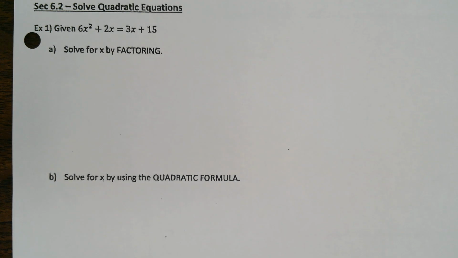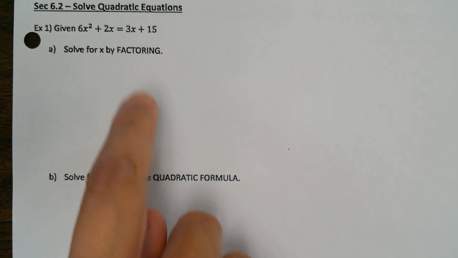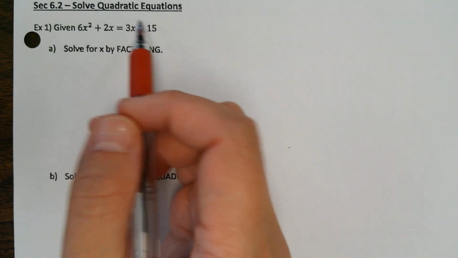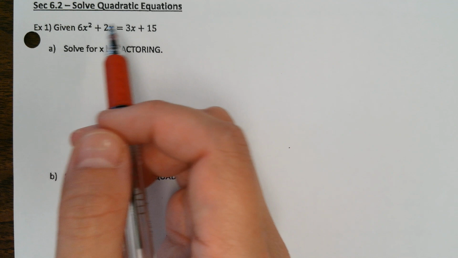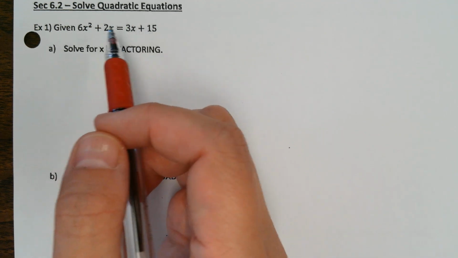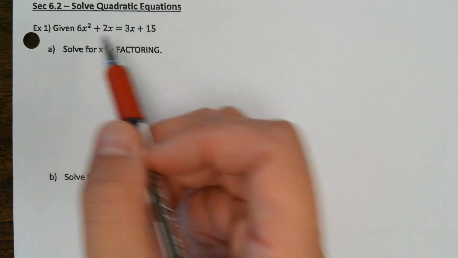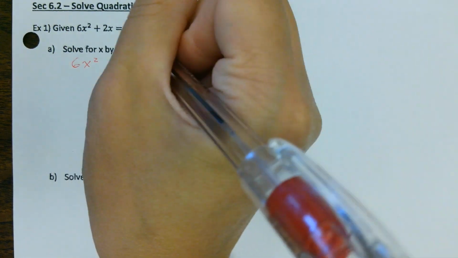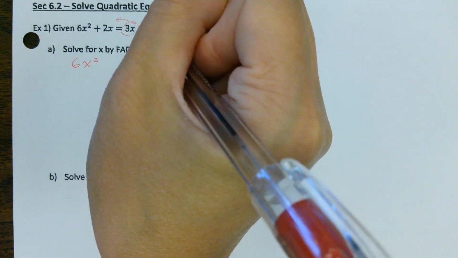Okay, so solve by factoring. So let's say you're given this and I want to factor that. Well, I can't because I have x all over the place. I have things on both sides. So let's move everything to one side first. 6x squared. Move this over. Move this over.